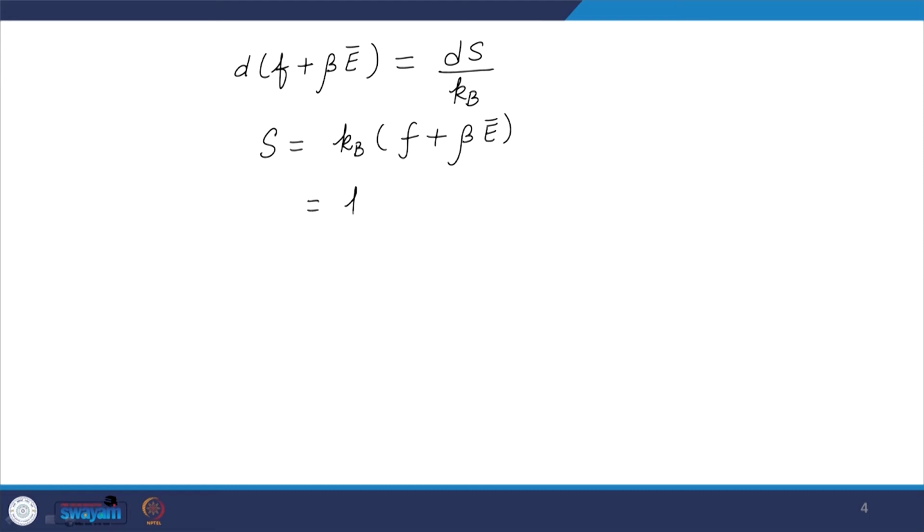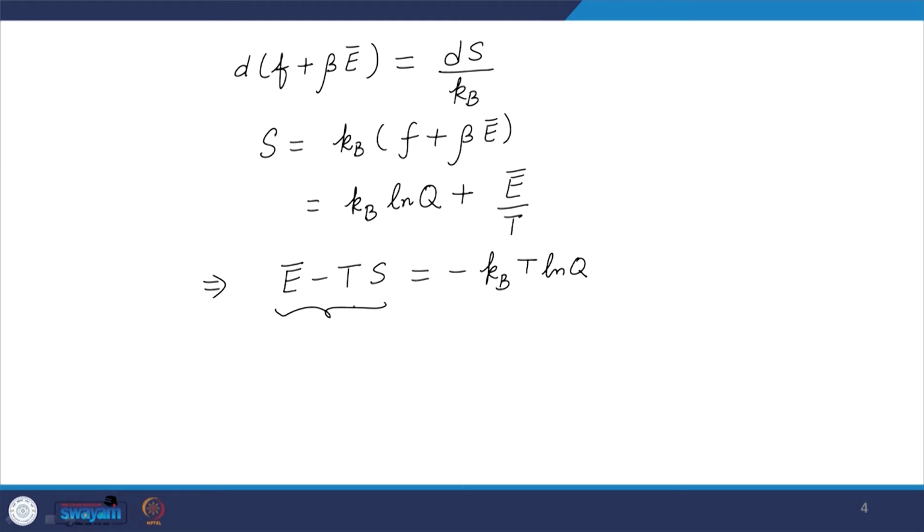If I put back the expression of f, it is kB ln Q, and using the expression of beta it is E bar by T. So, we can rearrange this and write E bar minus TS is equal to minus kBT ln Q, and E bar minus TS is the definition of my Helmholtz free energy.